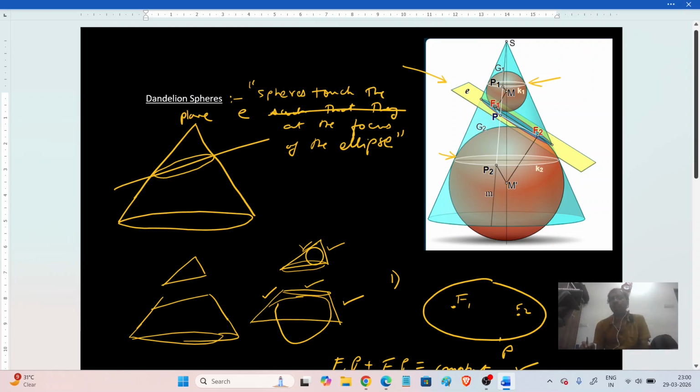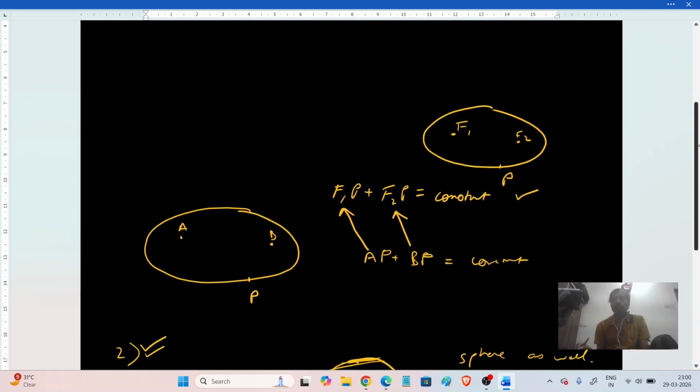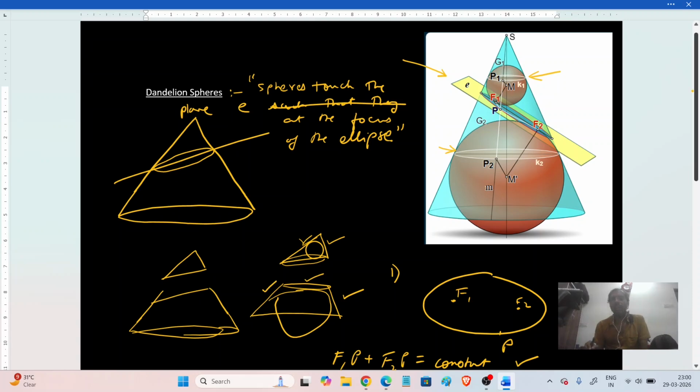Anyway, due to property number 2 which I just discussed, we can say that P f1 is equal to P P1, because Pf1 is a tangent, because the elliptical plane is tangent to the sphere.